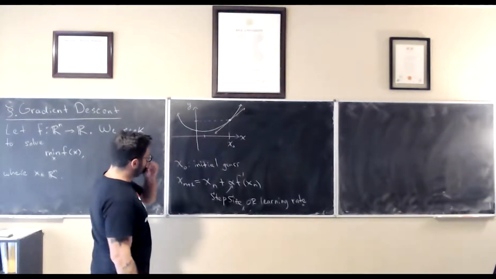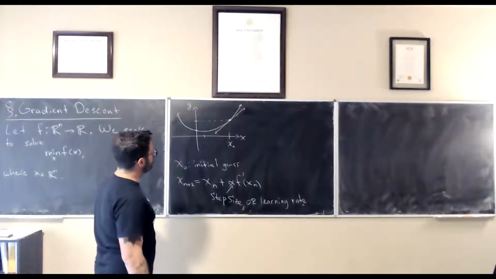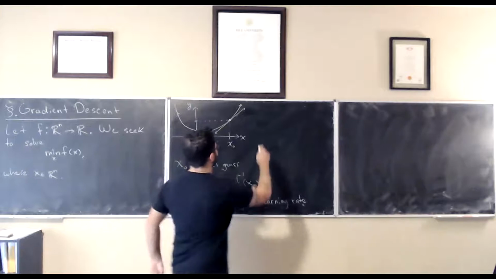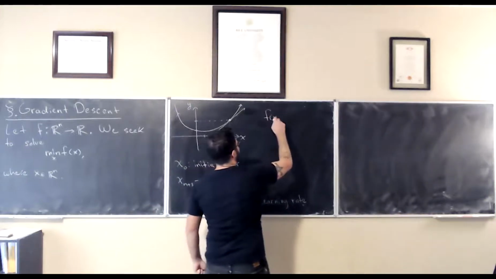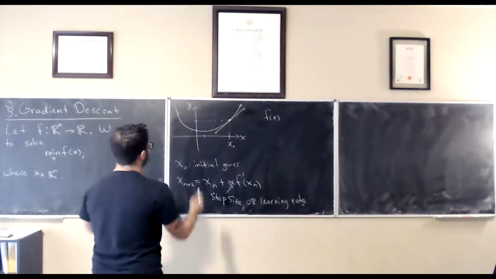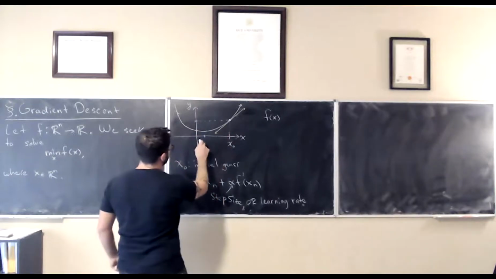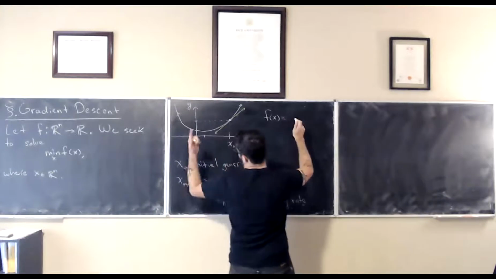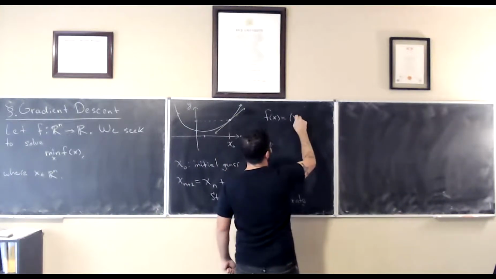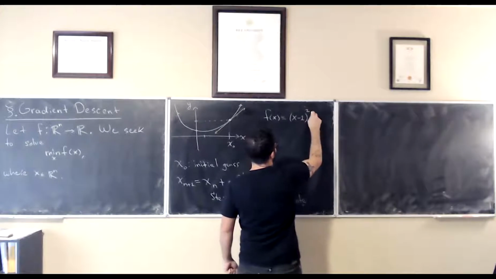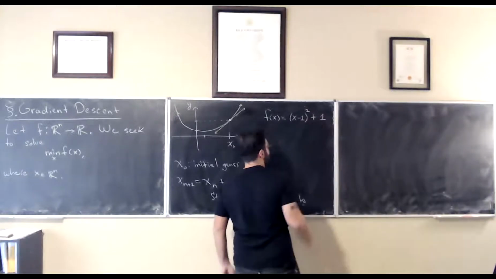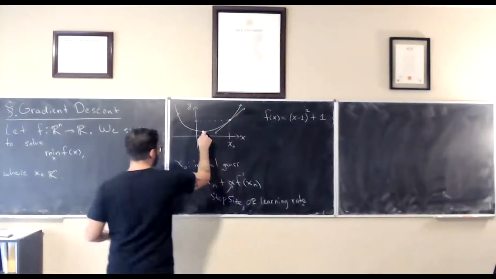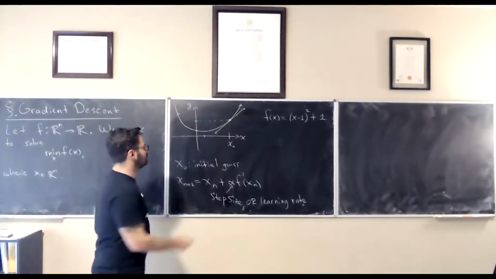So maybe we can run gradient descent on this function, which looks to be like the parabola moved over maybe 1 unit and raised by 1 unit. That looks like that function there. And we're trying to find a local minimizer, which happens to be a global minimizer of this function.